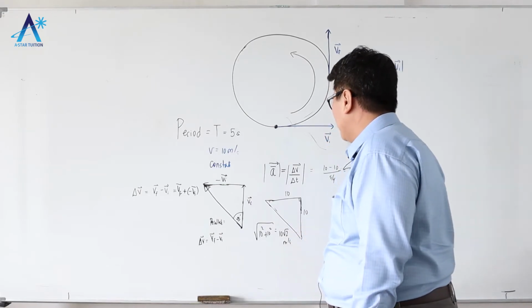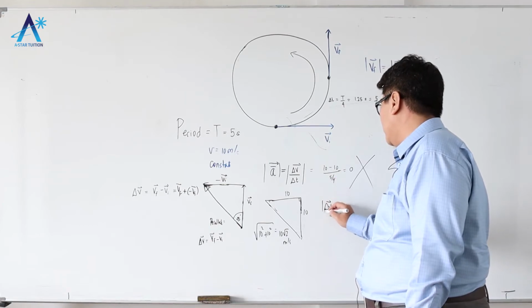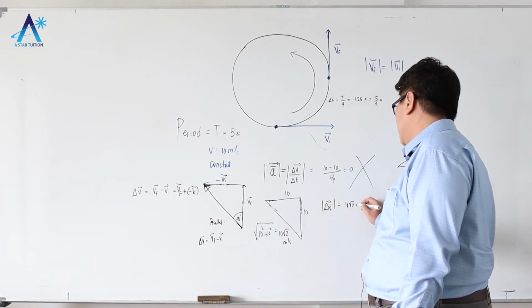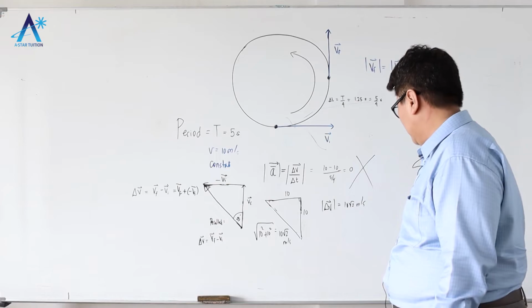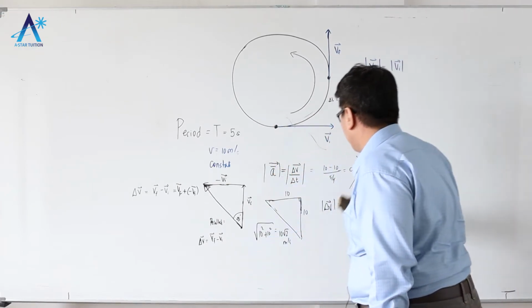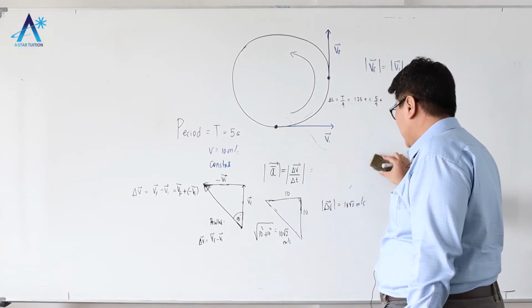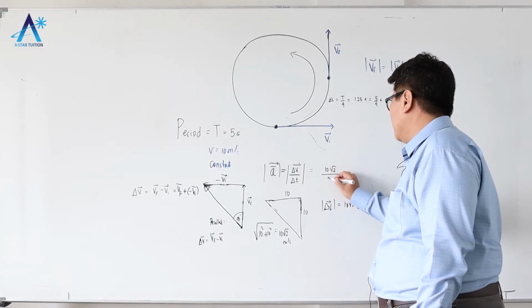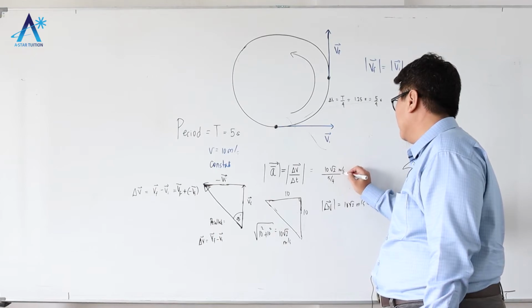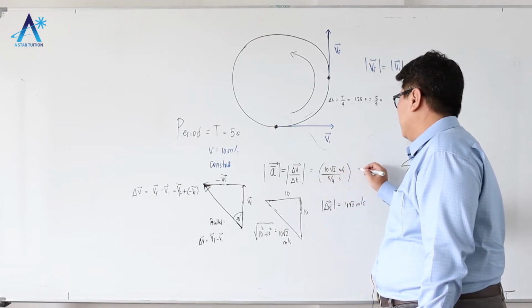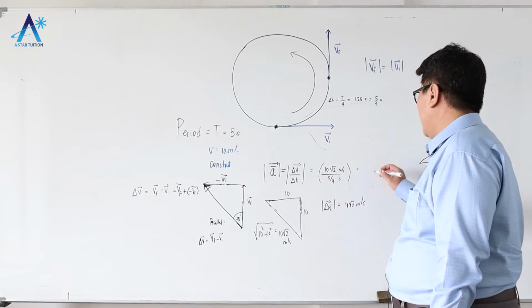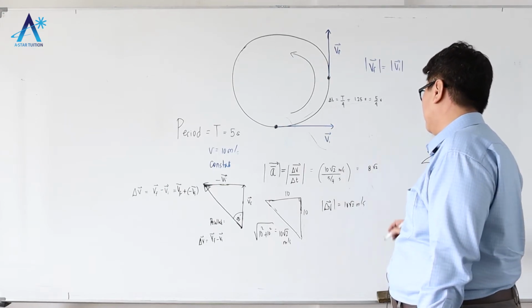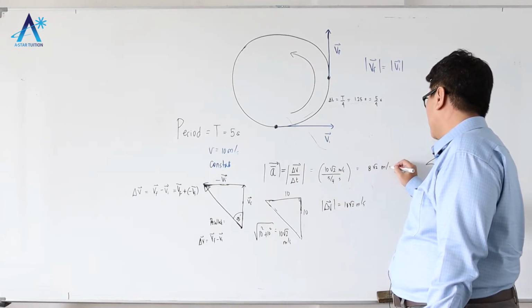So the magnitude of the change in velocity is 10 root 2 meters per second, and then we can calculate the magnitude of the average acceleration to be 10 root 2 divided by 5/4, and this will give you 8 root 2 meters per second squared.